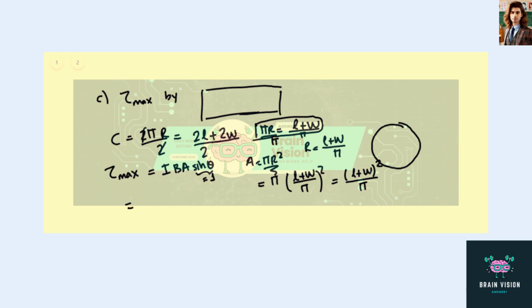Now we're going to come here and put that information in I, B, and instead of A, we're putting L plus W squared over pi.